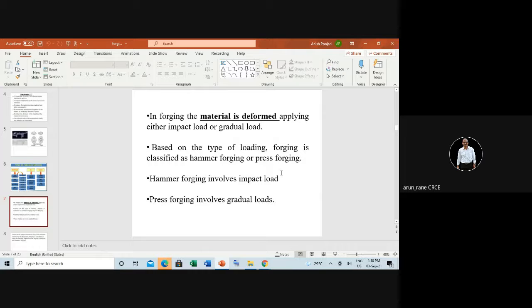And in press forging, you can go gradually, like hydraulic process. If it is a mechanical press, then it will behave like a hammer forging. If it is a hydraulic press, then it will be gradual.